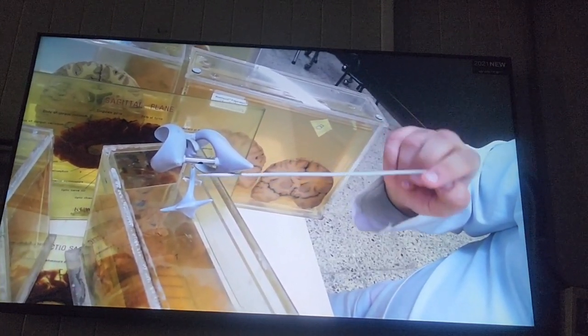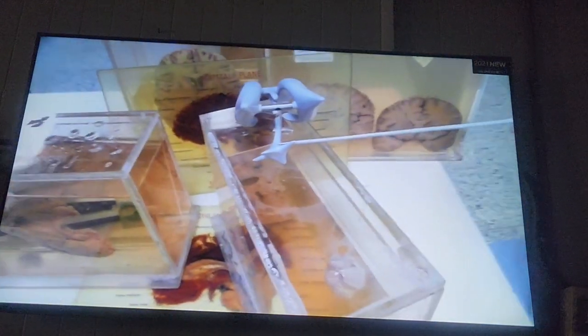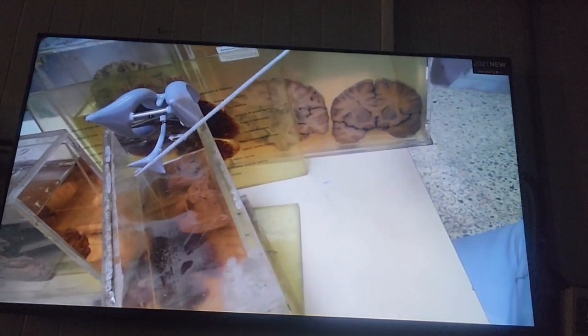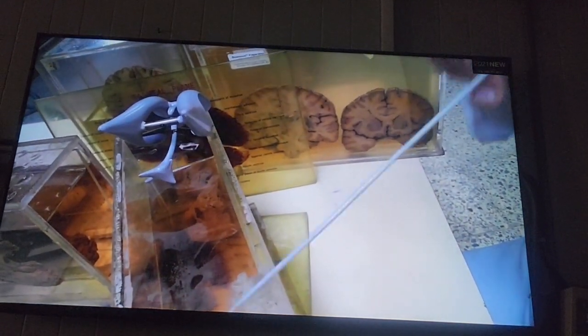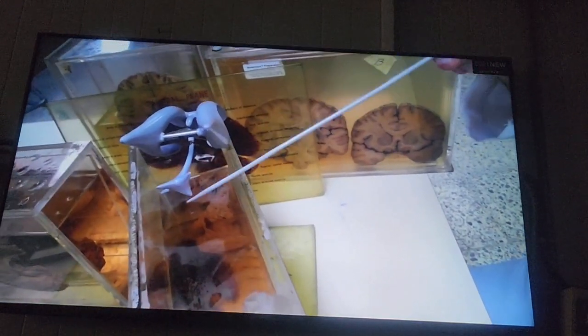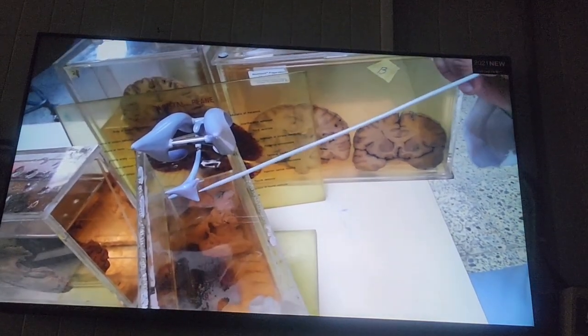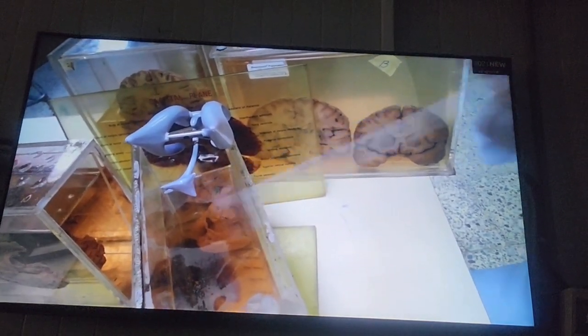When the CSF comes from the lateral ventricle to the fourth ventricle, it will pass from the fourth ventricle into two spaces, the subarachnoid space and the central canal of the spinal cord. To pass to the central canal of the spinal cord, it goes through the obex, as we mentioned in the previous lecture.